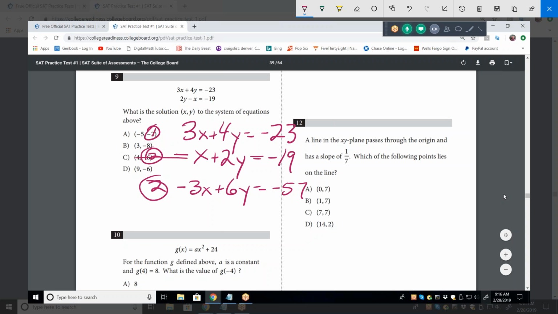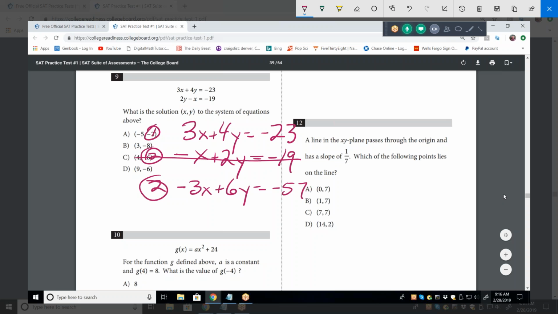And I'm going to cross that one out, just so we don't get confused. Because a lot of times when you're doing these simultaneous equations, you end up with equations all over the page, and it's easy to make a mistake.